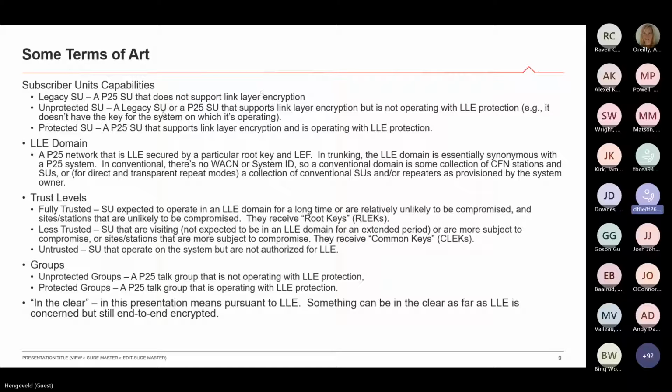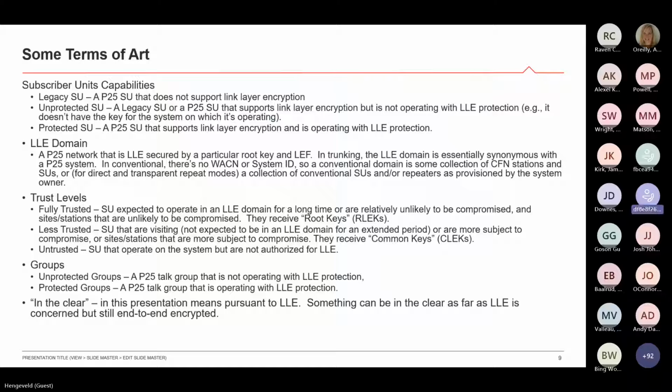One of the things we're going to have to be aware of as we start to deploy these systems is that the WACN and system IDs really do need to be distinct for systems where users are moving between one and another. So if you're operating between different systems, radios need to be able to identify that they're in one domain versus another. We'll talk about 3 different trust levels.